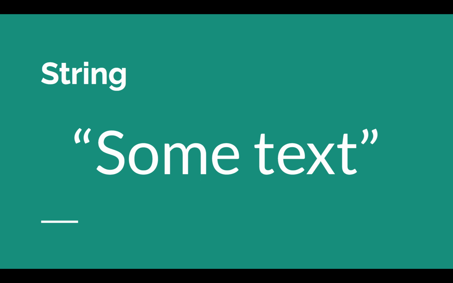String is basically written text. On a technical level, strings are made out of characters. The letter S is a character, the letter T is a character. But a string is a lot of characters inside of quotation marks. Now, in JavaScript, you can also write strings with single quotation marks. You can also write them with backticks.